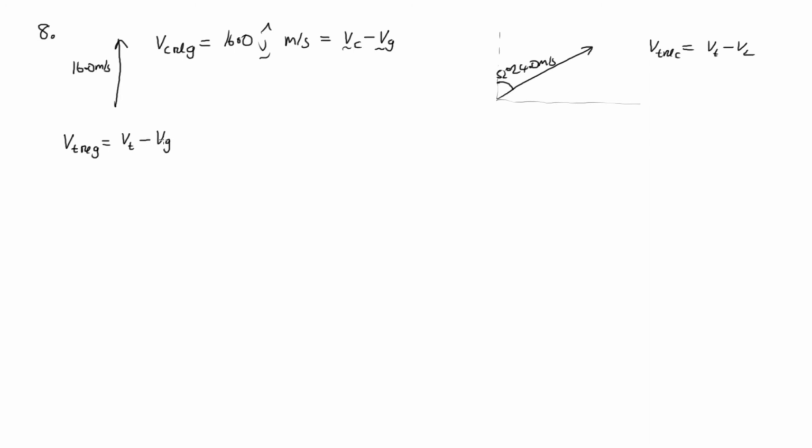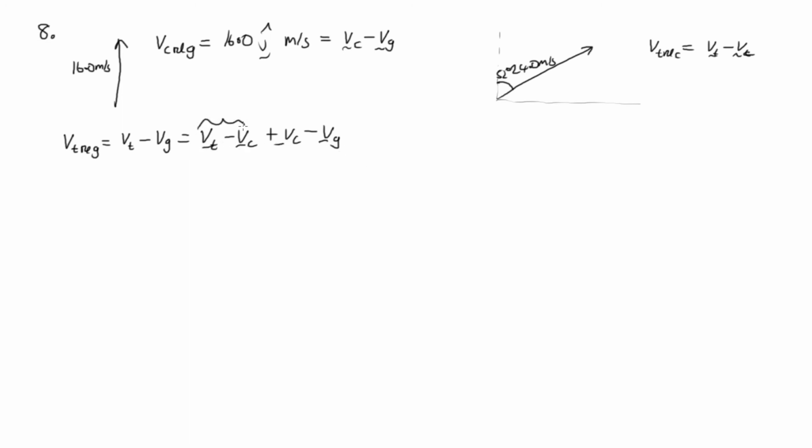Now, in order to get this, you'll note that if we add this to this, then we've got plus the velocity of the car here and minus the velocity of the car there. Now, these are all vectors. So we can say, well, this is the velocity of the truck minus the velocity of the car plus the velocity of the car minus the velocity of the ground.